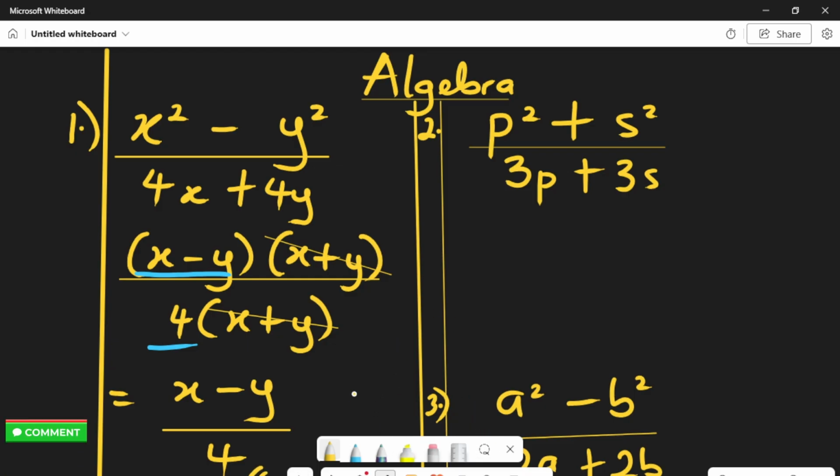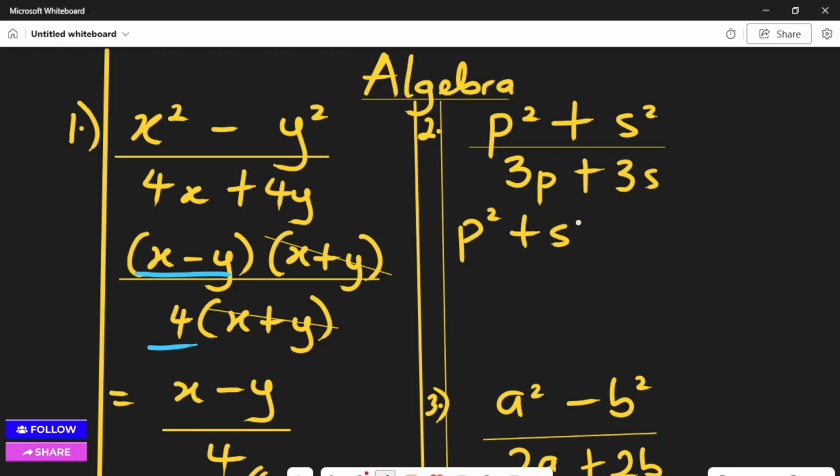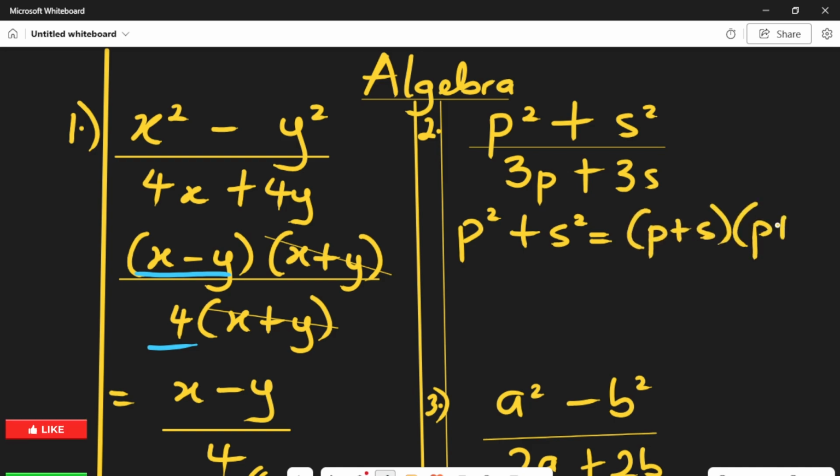So knowing this, we can actually solve number 2 also. For number 2, it's quite the same thing, but there's a little difference here. p raised to the power of 2 plus s raised to the power of 2 is the same thing as p plus s in brackets and p plus s in brackets.